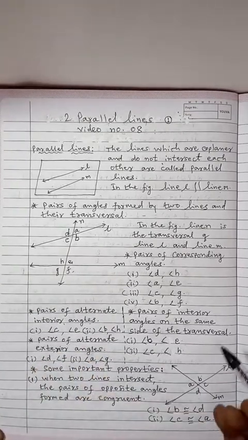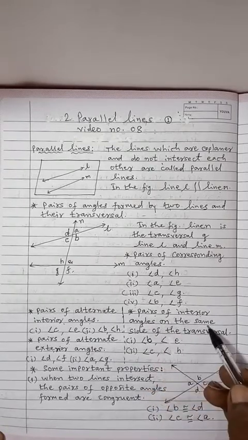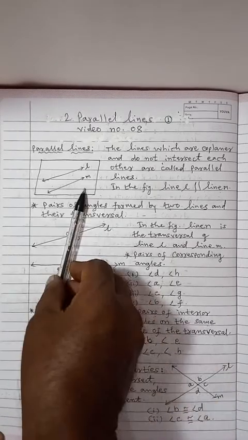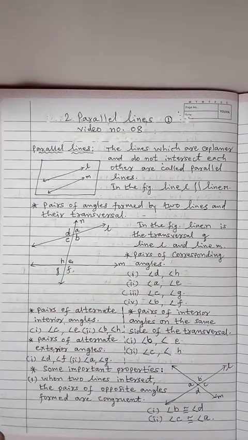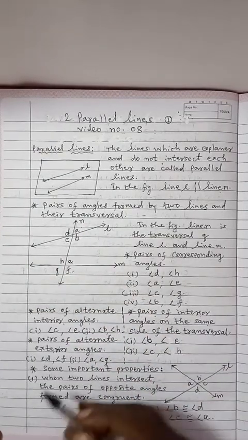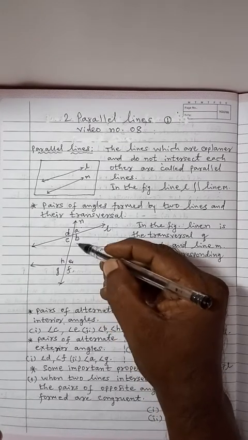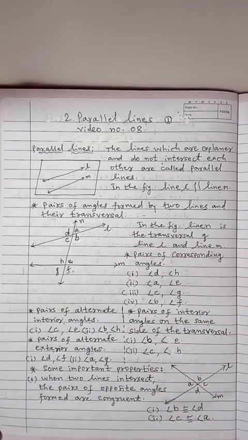Now, pairs of interior angles on the same side of the transversal. This is the transversal, same side, either this side or this side, and interior. So pay attention. Angle B and angle E is a pair of interior angles on the same side of the transversal.